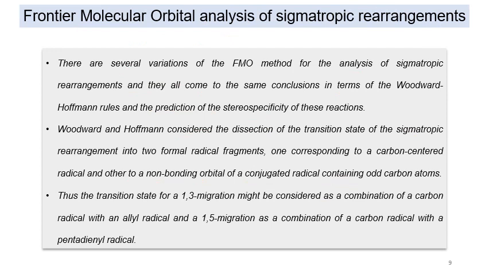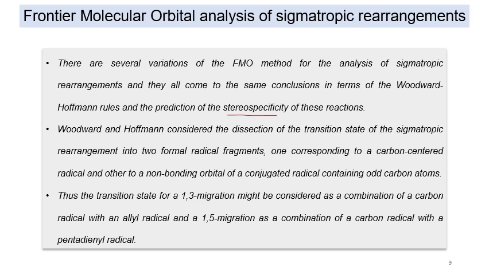So now there are several variations of the frontier molecular orbital method for the analysis of sigmatropic rearrangements. And they will all come to the same conclusions in terms of the Woodward-Hoffmann rules and the prediction of the stereospecificity of these reactions, whether this will be antarafacial or suprafacial.